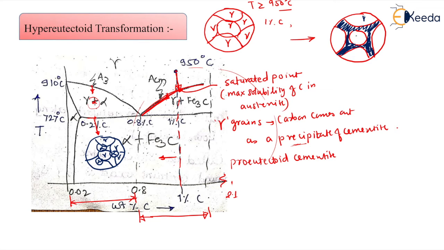These are the gamma grains. Whatever network of cementite we are getting here is the proeutectoid cementite network.